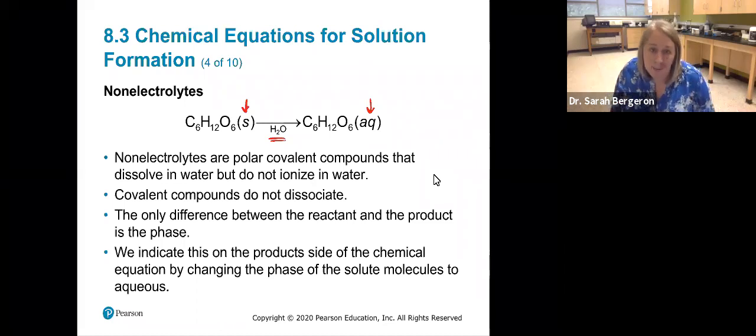And so there's none of that happening. And so the only difference between the reactant and the product is the phase. So in the reactants, we're solid, in the products, we're aqueous. So that's how we indicate it in our reaction. And then you can't go backwards without doing something. And so you leave that straight shot arrow.